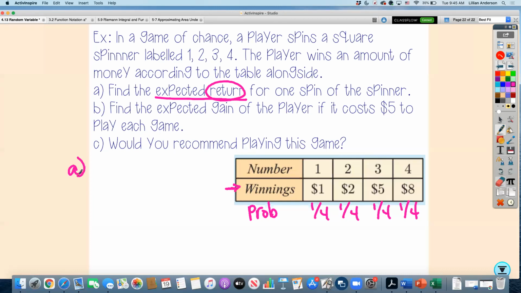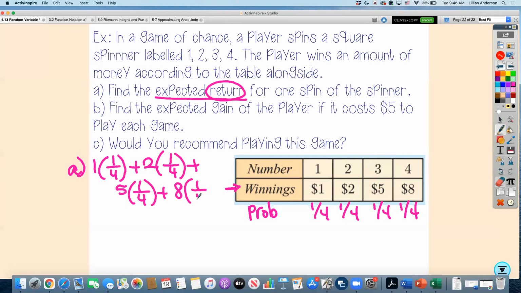So to find our expected return, we're going to take each one of our winnings and multiply them by their respective probabilities. So what is 1 times 1/4 plus 2 times 1/4 plus 5 times 1/4 plus 8 times 1/4?